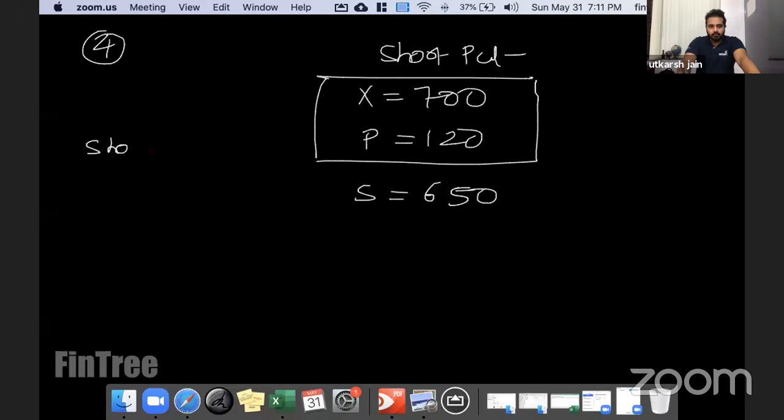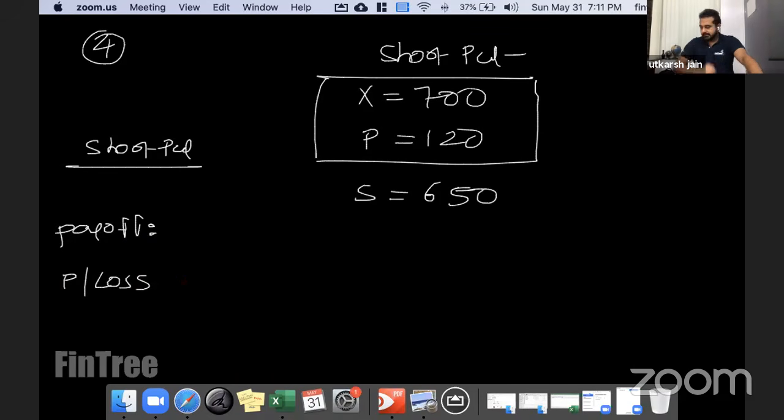So for a short put, I want you to figure out what would be the payoff and what would be the profit or loss. Start. Remember, it's a short position, not long position. So be careful with your signs.